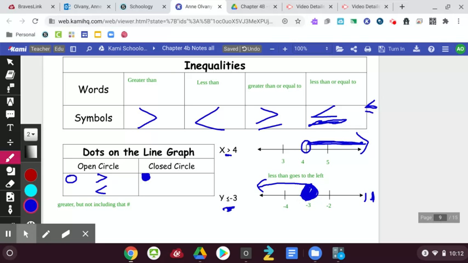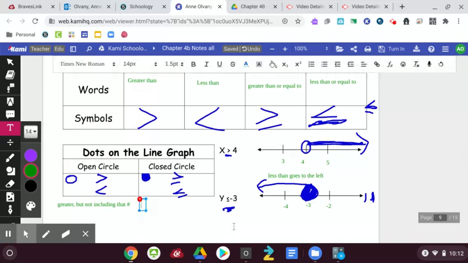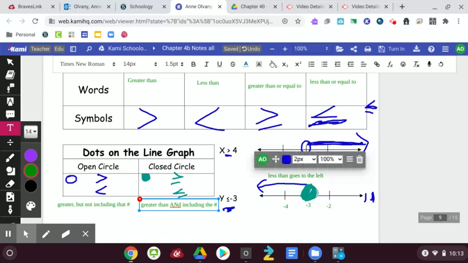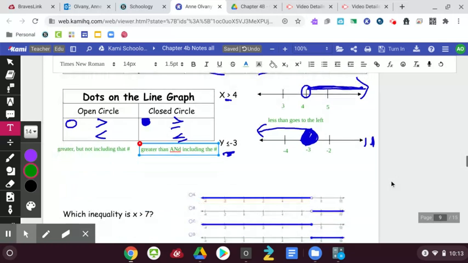We color it in when we have greater than or equal to or less than or equal to. And what that means is greater than and including the number. I can't spell. Okay. Greater than and including the number. So this one is filled in, kind of like this one has an extra line. That's how we're going to show it on a number line.